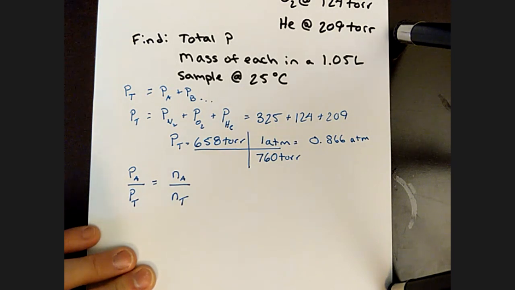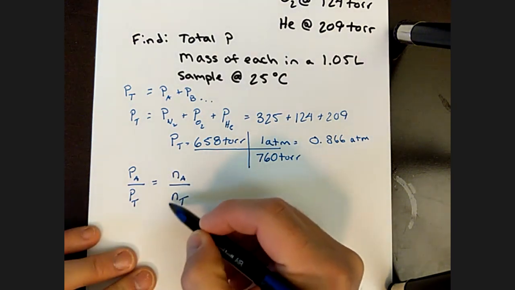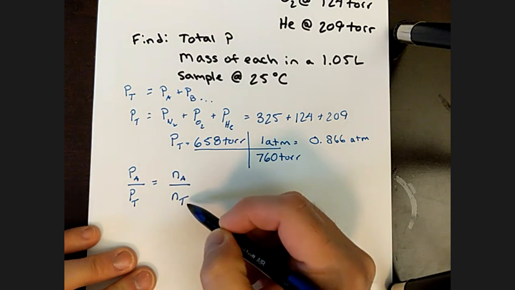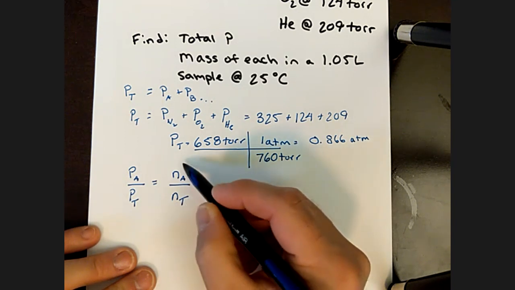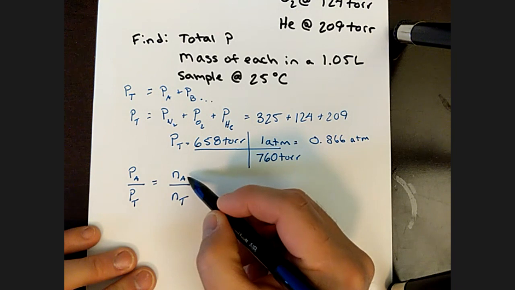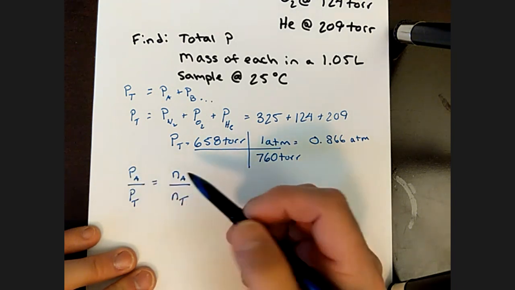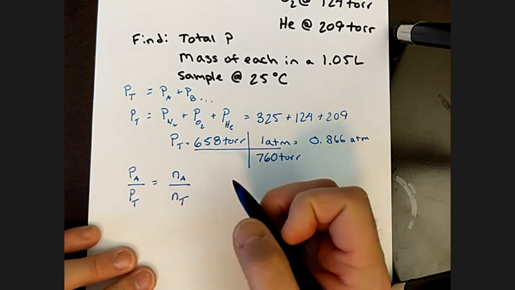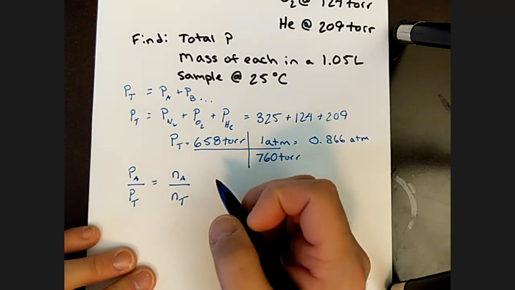If there's 100 moles in the system and you have more moles of A, you're also going to get more partial pressure resulting from the more moles of that particular gas, right?